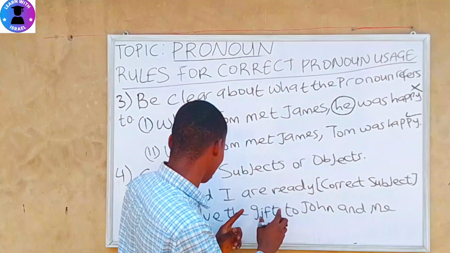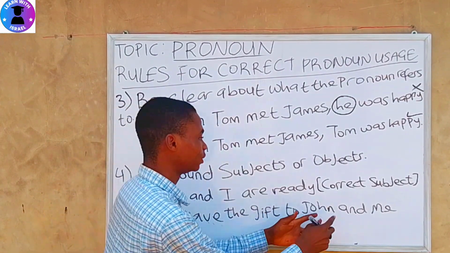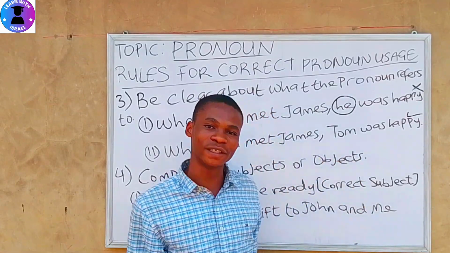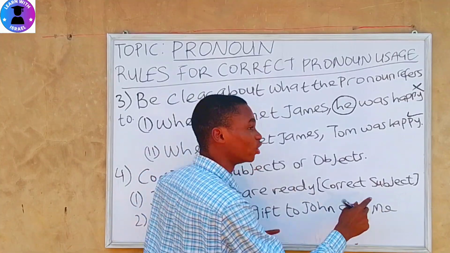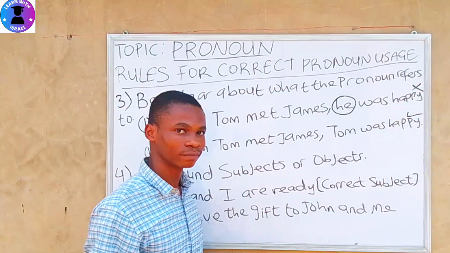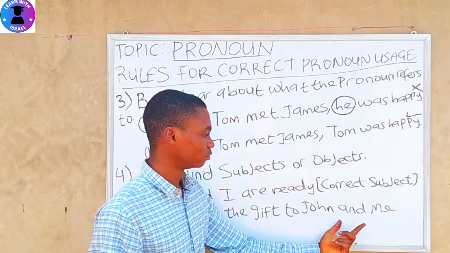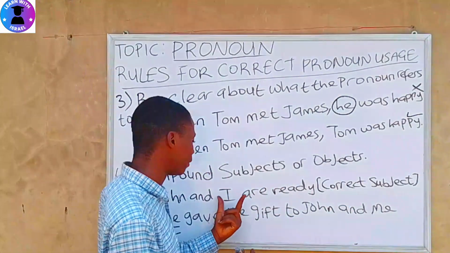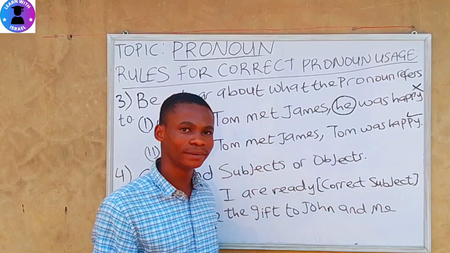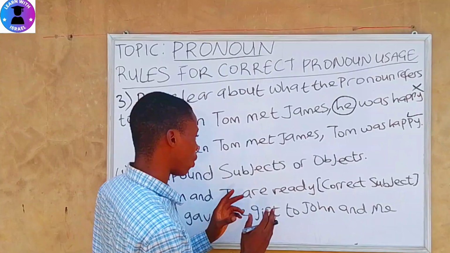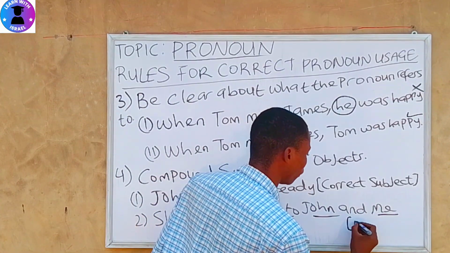Because she is already the subject, and John and me are the ones receiving the action, which are the object. And the reason why we cannot use I here is because I is the subject. You can say I gave the gift to John. I is the subject. I cannot serve as the object. It is me that represents I as the object. So the correct one is she gave the gift to John and me.